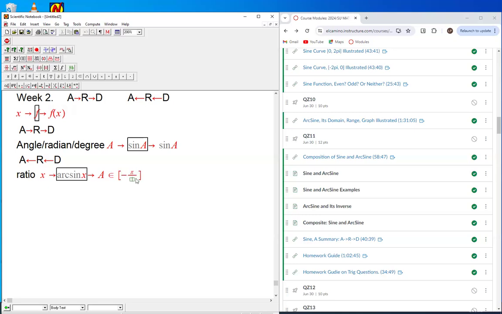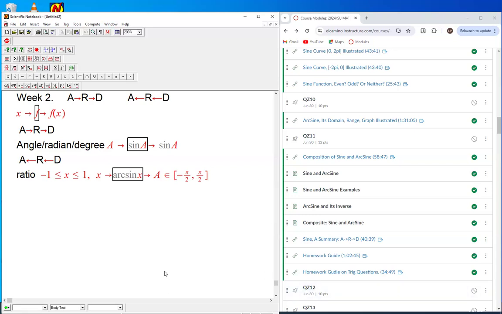You see the details, and that's related to the domain and range. And the ratio, of course, has to be between -1 and +1. You see those details in the relevant discussions. So that's D to A. You can see A to D is angle to ratio, and D to A is ratio to angle.